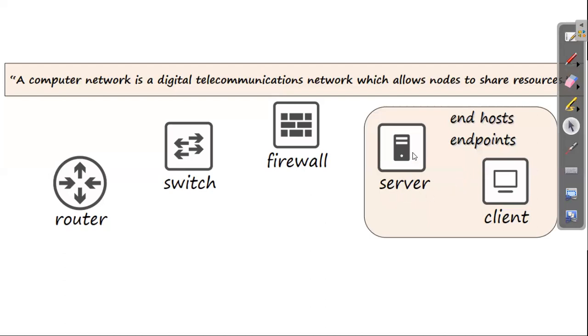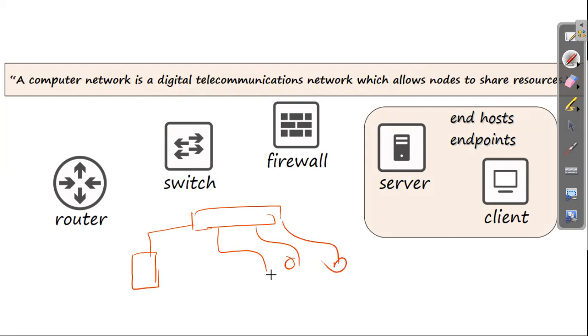For example, take a DHCP server. What is the purpose of a DHCP server? A DHCP server is used to provide IP addresses to the clients in a network. So there may be a DHCP server and a switch. The server is connected here, and the PCs are connected here, right?